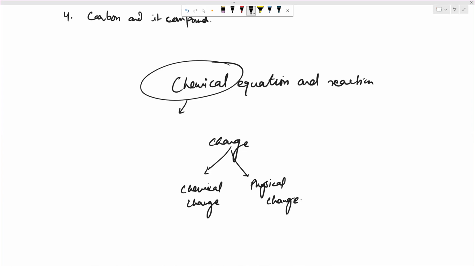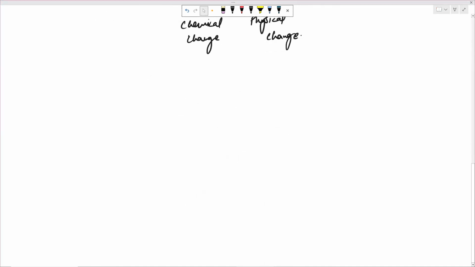Yes, sir. When a chemical change is done and you write it in terms of symbols and formula, then we consider it a chemical equation. So what is the definition of chemical equation?